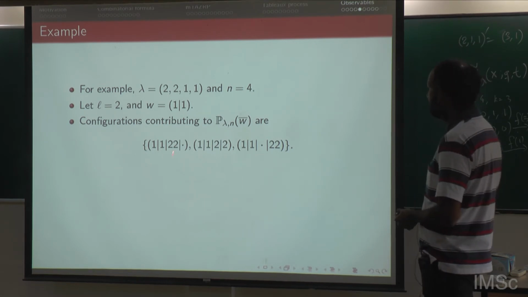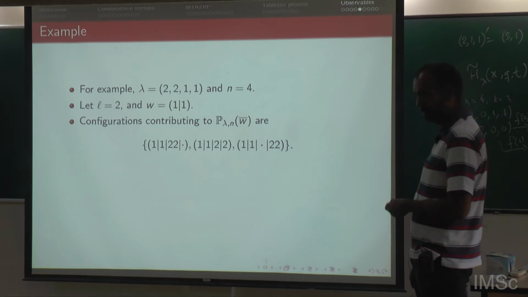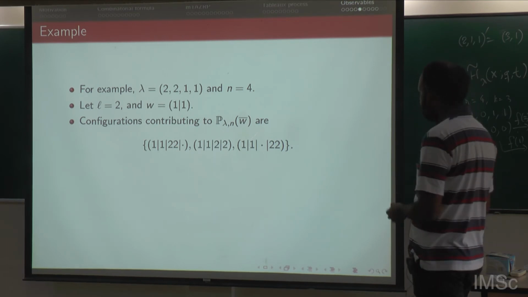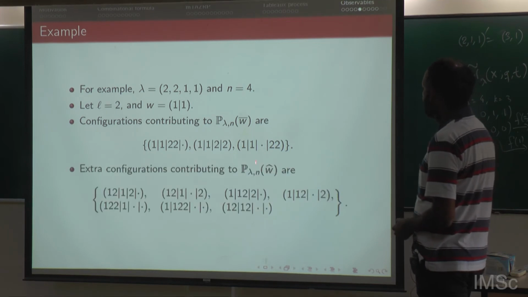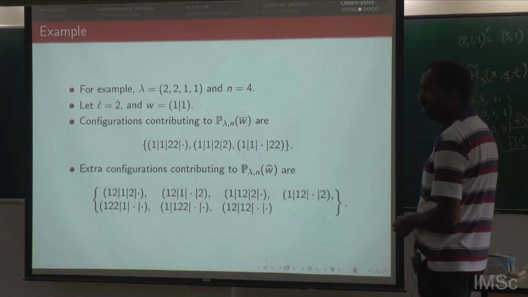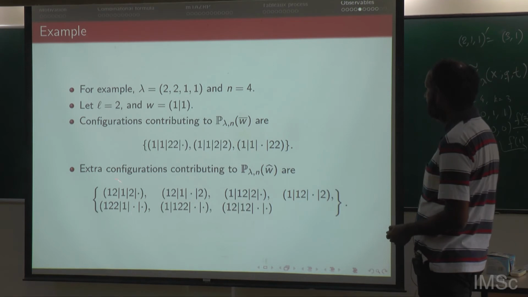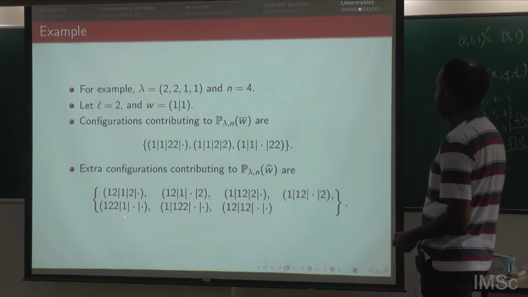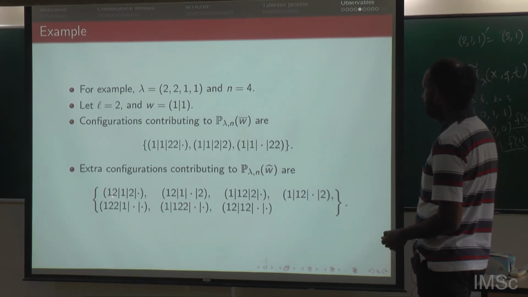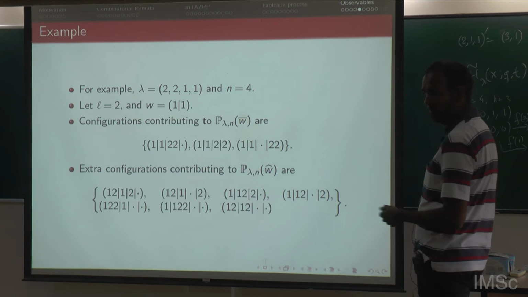So the other two twos should sit in the last two sites. So these are the three possibilities. And these of course also contribute to the W hat, but in addition you could have twos in the first two sites as well. So you could have both twos on the first site, both twos on the second site, 1, 2 in the first site, etc., in all possible ways. So you have extra control.